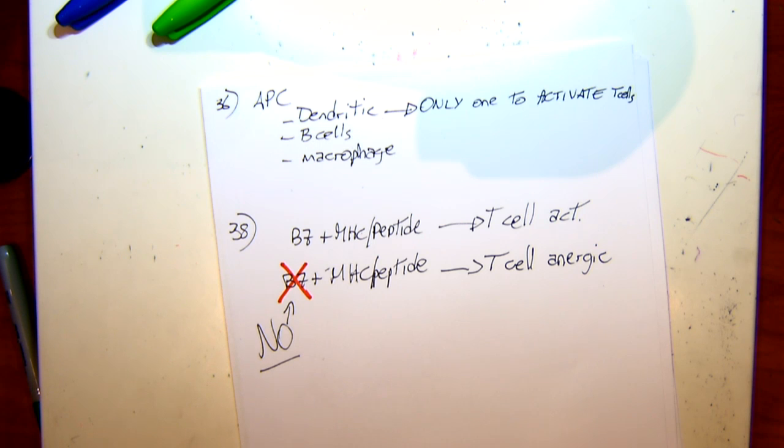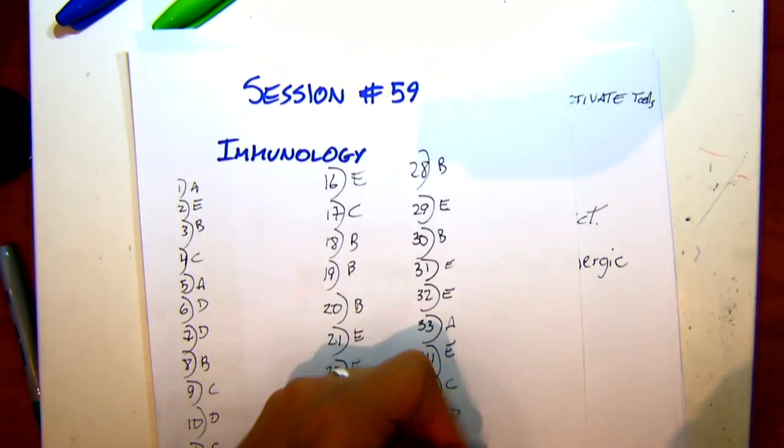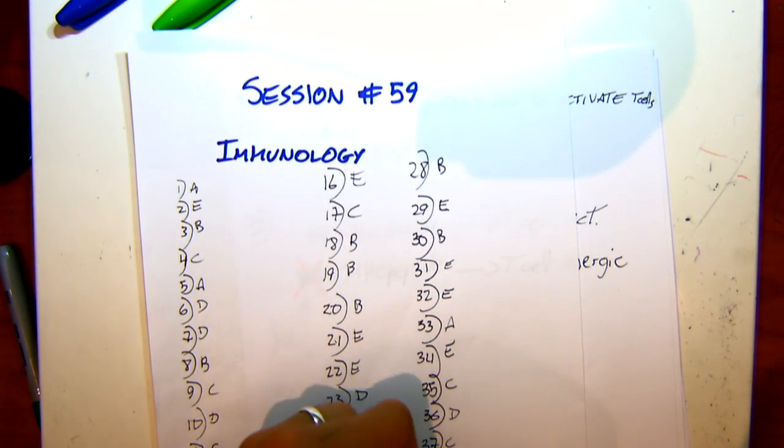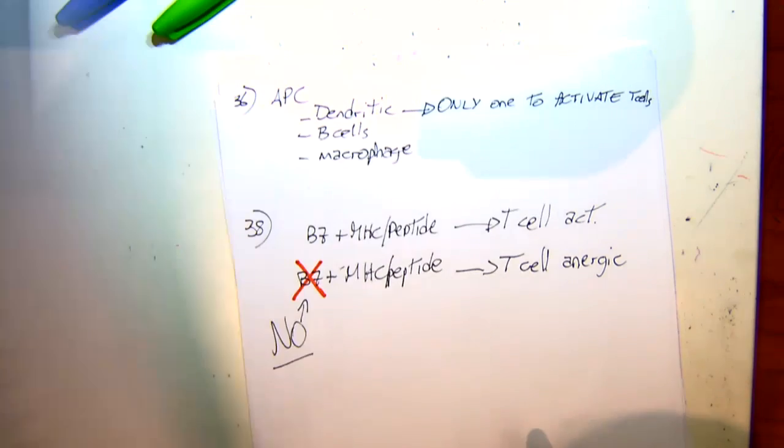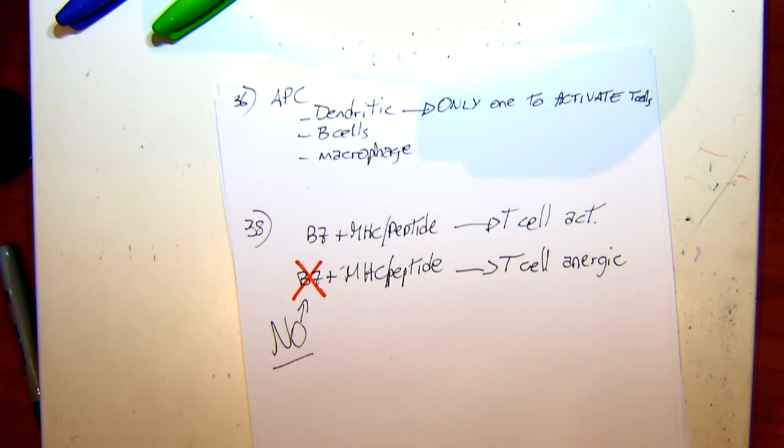All leukocytes or lymphocytes? Are you sure? Okay. So 39, we said 38 was E. B. IL-4 will induce proliferation to what? Th2 cells, right?